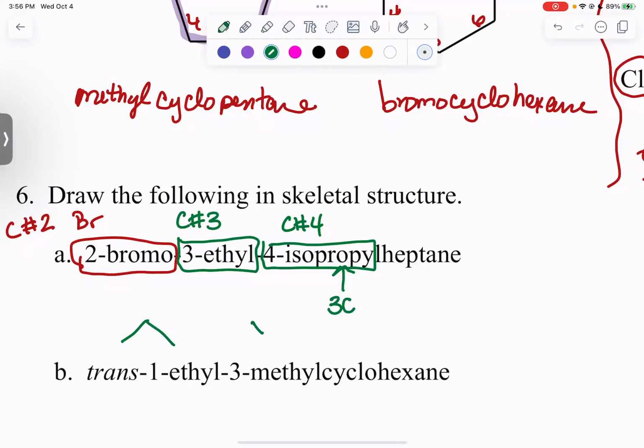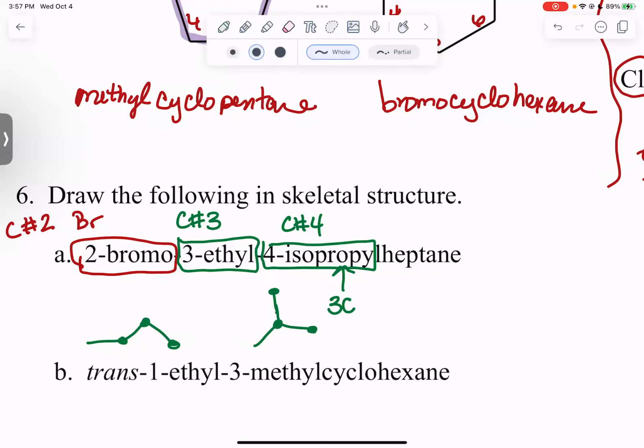An isopropyl group looks kind of like a Y, right? Because 1 is coming off of the parent, and so it ends up looking like a Y, right? So this is part of the propyl, this is part of the propyl, this is part of the propyl. Whereas here, it's here, here, and here, right? That would be the rest of the parent chain. Okay, so make sure you know the difference between propyl and isopropyl.